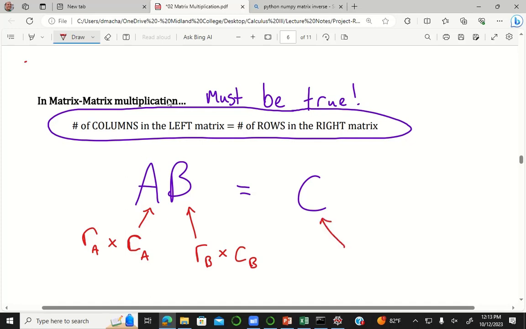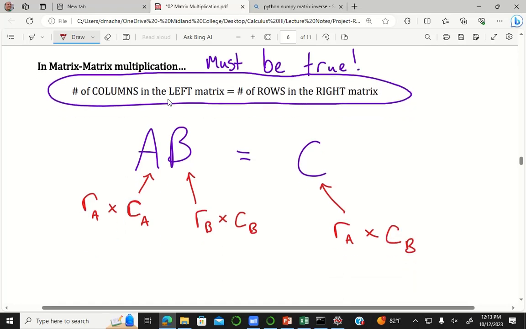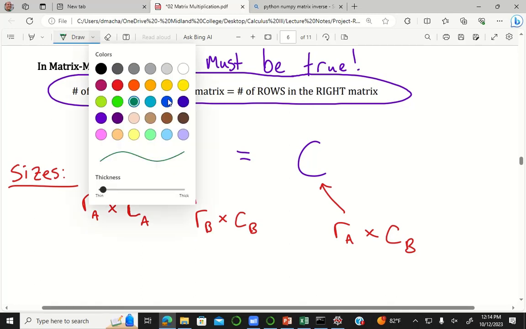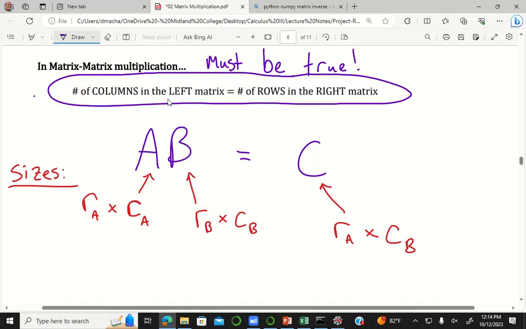Then C has to have the size with the same number of rows as A had and the same number of columns that B had. Those will be the size of your product matrix.